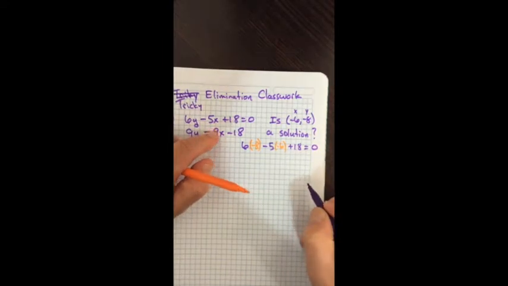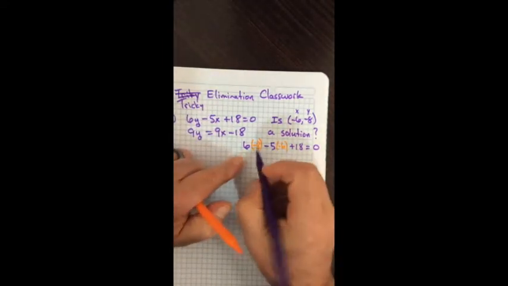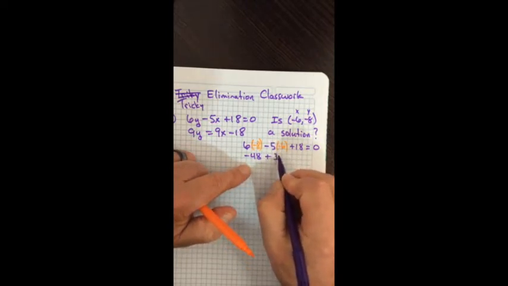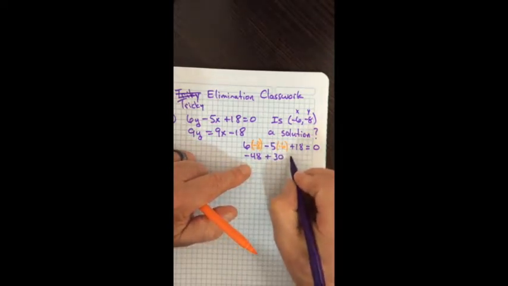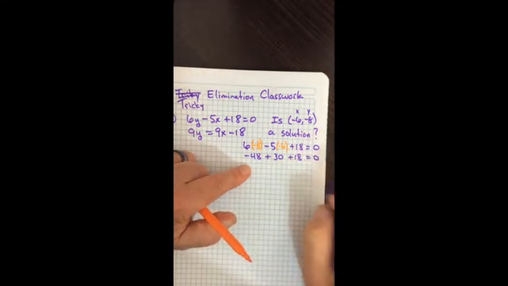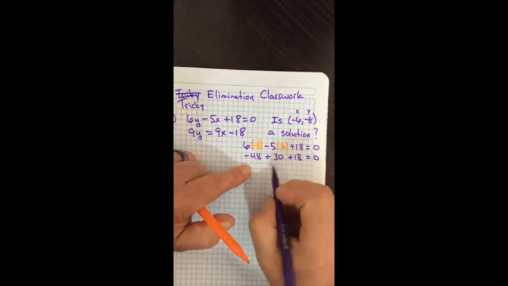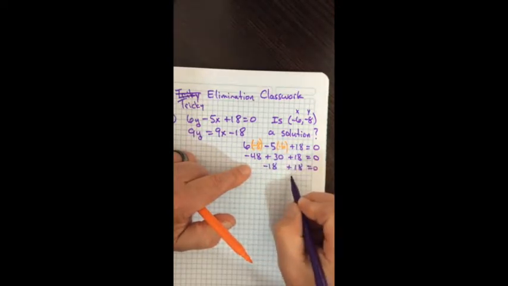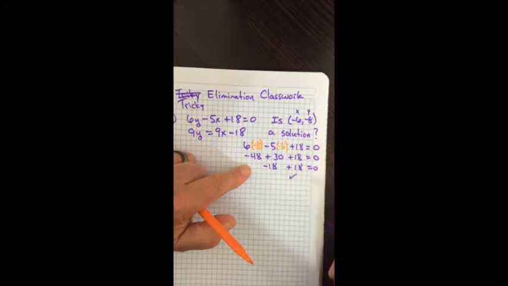Well, this is -48. A negative times a negative is a positive, so that's positive 30. This is 18 still. Is that equal to 0? So -48 plus 30 is -18 plus 18 equals 0. So that's a yes. Check.